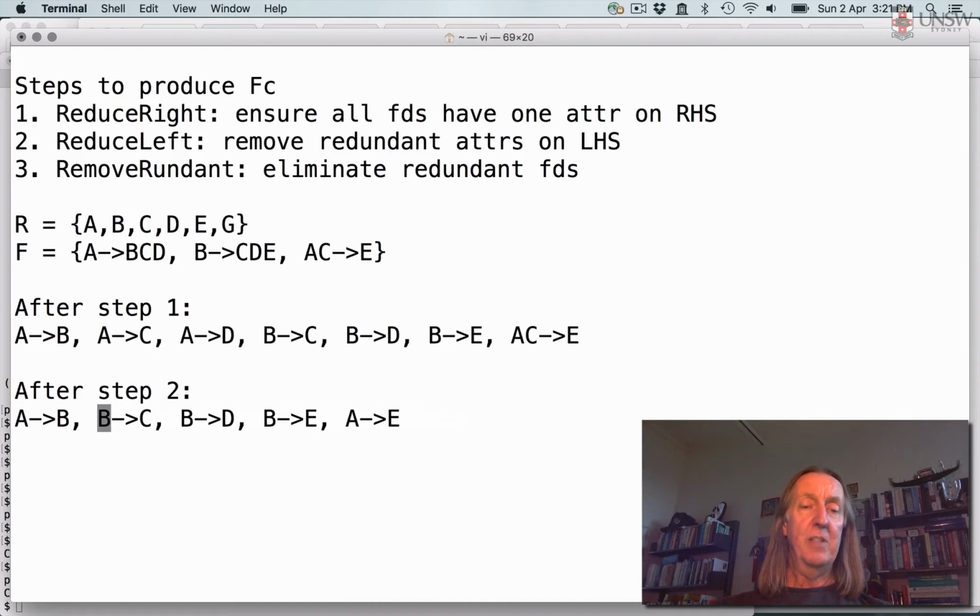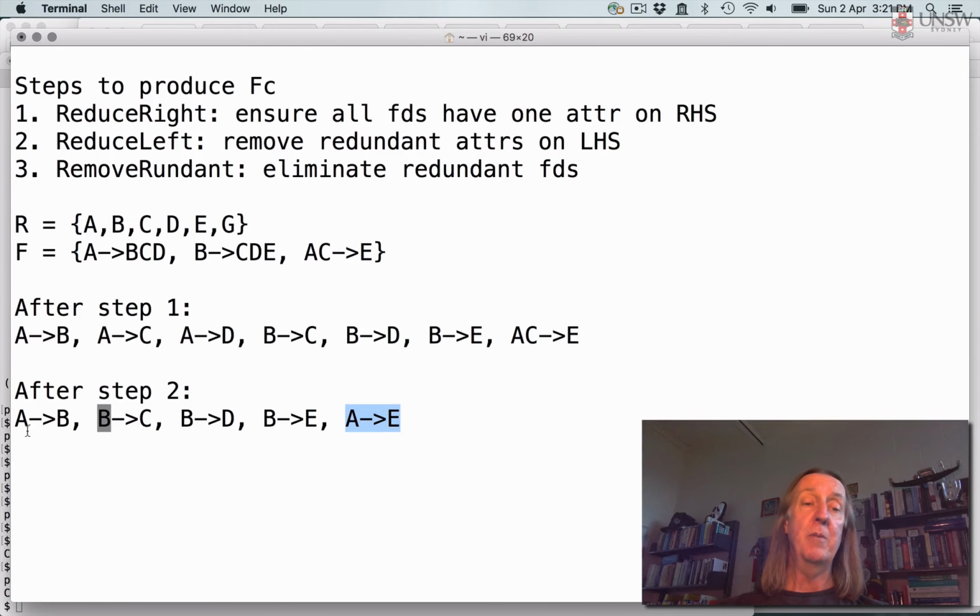What else can potentially be removed? Okay, A determines B, B determines E, A determines E. So there's clearly some dependencies involved there, and the functional dependency that could be removed is this one.